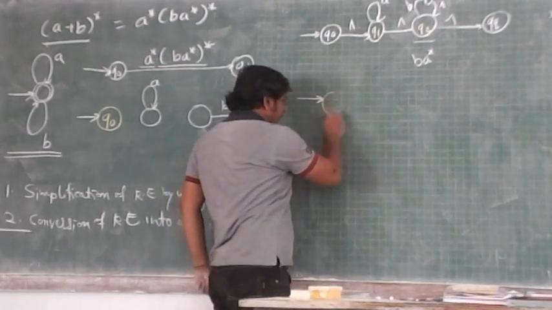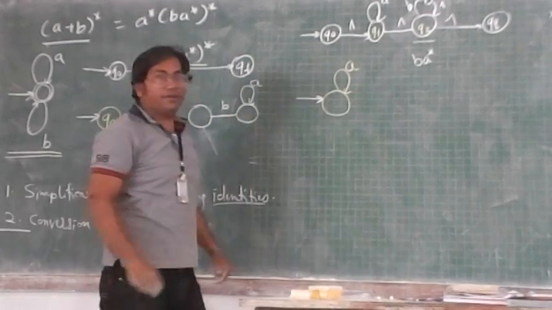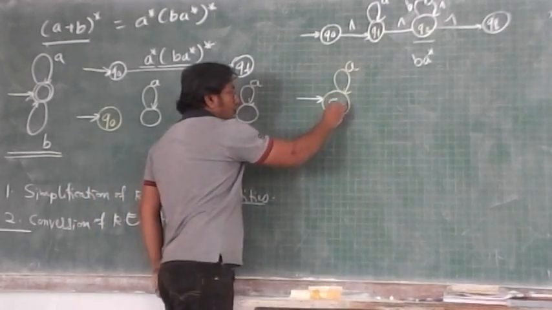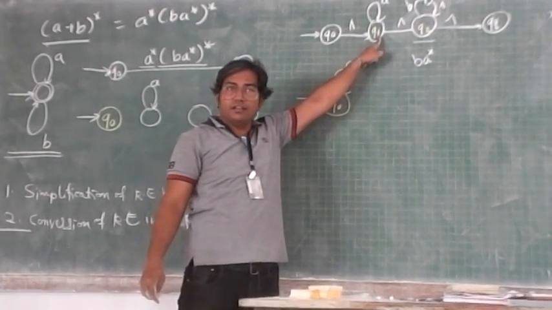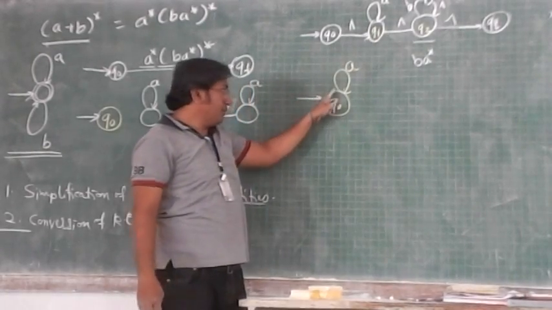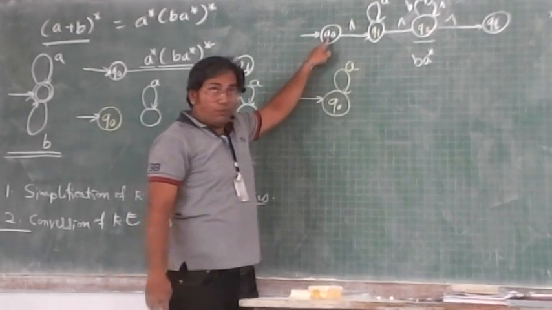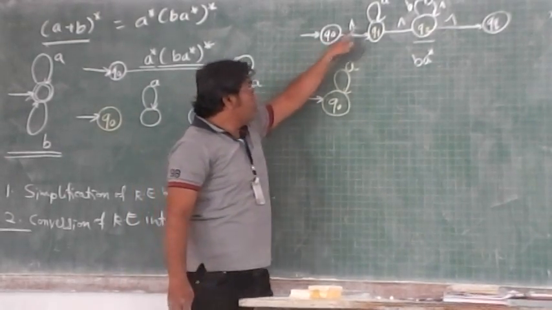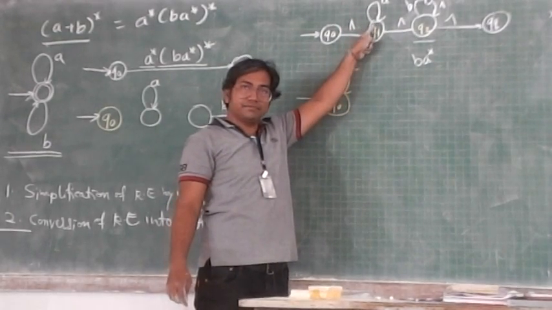So in that case, can I have this kind of diagram here? Being in Q0, what I get being at the Q1 state, exactly the same thing I am able to achieve here.